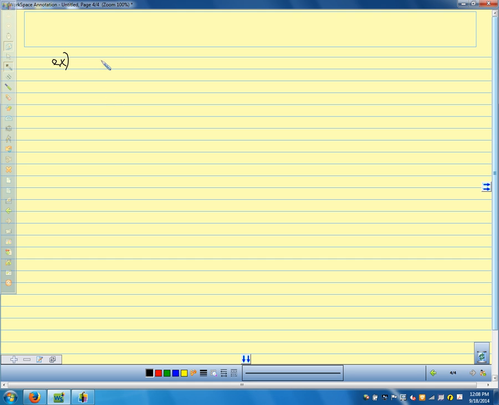Let's say that cosine theta equals negative 1/4, and sine theta is less than 0.